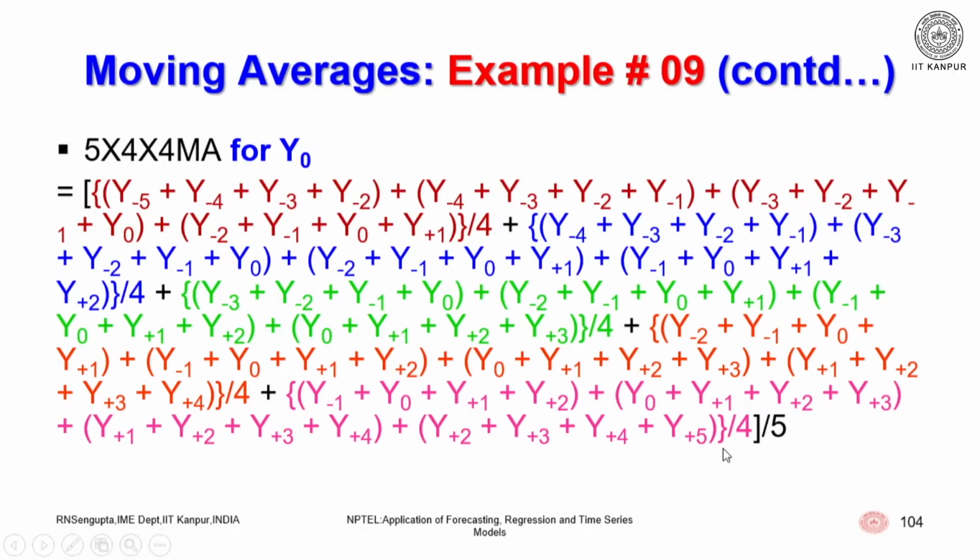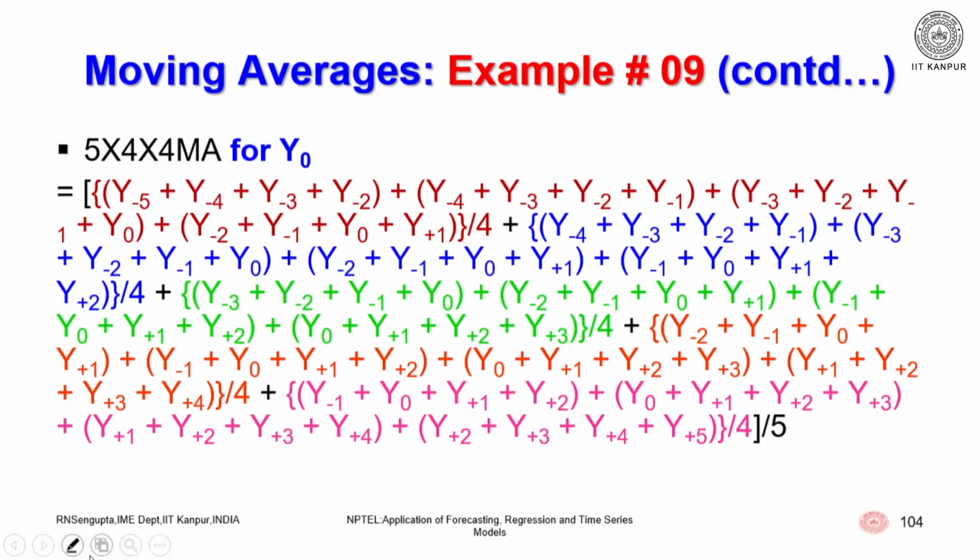Now, let us consider 5 cross 4 cross 4, that means there are 3 steps. So, if I consider 5 cross 4 cross 4, the corresponding weightages in the denominator would be calculated by considering the values: there are 4 blocks taken 4 times, and such 4 cross 4 blocks are taken 5 times, and this is where I will highlight.